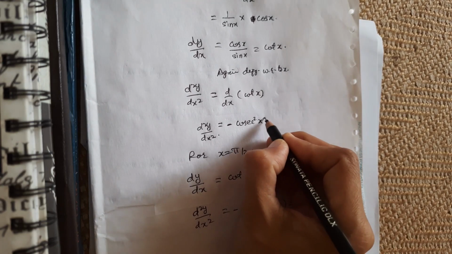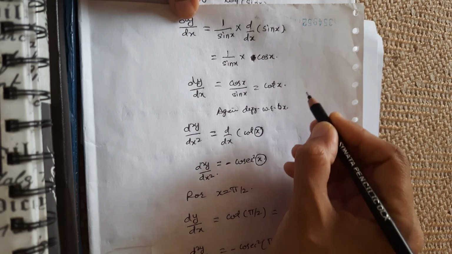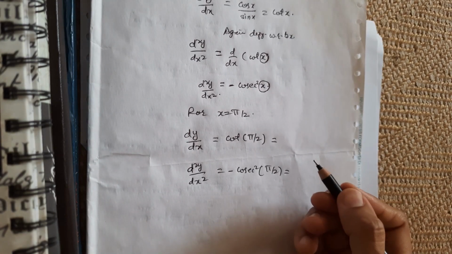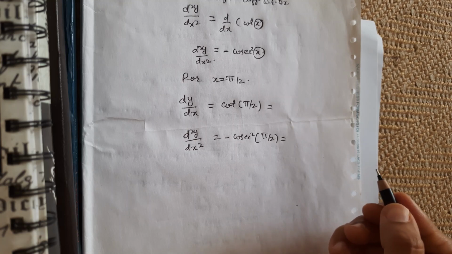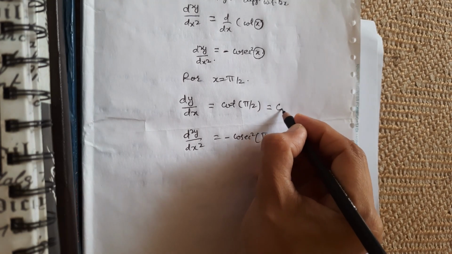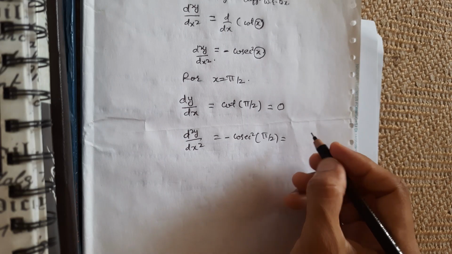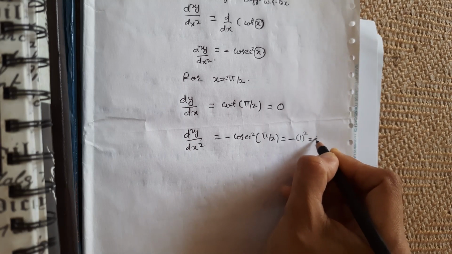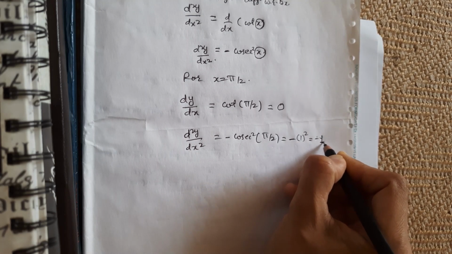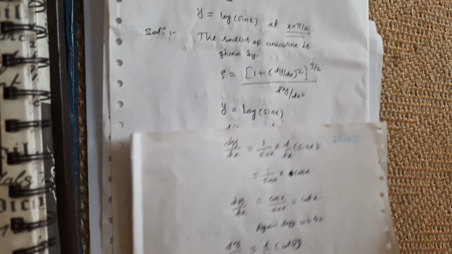I just replaced x with pi by 2 in both places. The value of cot pi by 2 is 0, and cosec pi by 2 is 1, so minus 1 square, which is minus 1.